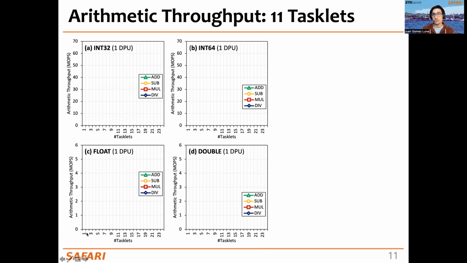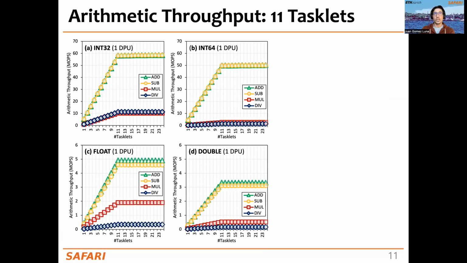We are going to observe how the arithmetic throughput changes for different operations, data types, and numbers of tasklets. So let's start with the 32-bit integers. These are the results for addition and subtraction, and these are the results for multiplication and division. And here you can see the results for the rest of the data types: 64-bit integers, float, and double.